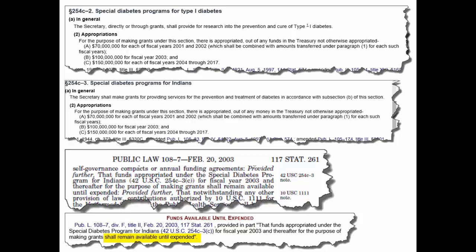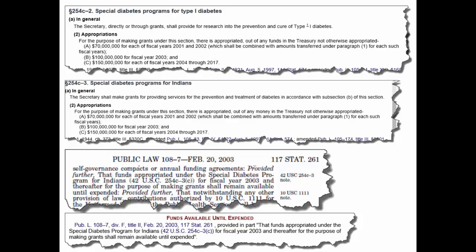I should point out, however, that this did not change the availability of the NIH diabetes funding, which remains annual. The fact that Congress felt the need to amend the original IHS appropriation language suggests to me they did not consider "for a fiscal year" language flexible enough to provide more than annual availability.